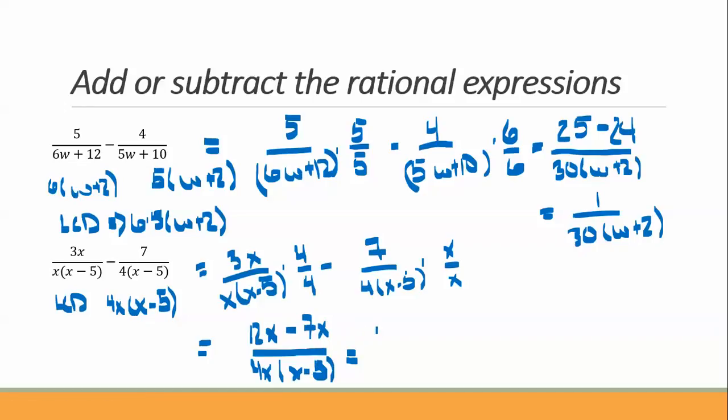Combining like terms in the numerator, we get 12x minus 7x is 5x over 4x times x minus 5. The x's actually divide out because it's 5 times x and 4 times x minus 5, so it's all multiplication right now. The x's do divide out, so we end up with 5 over 4 times x minus 5.